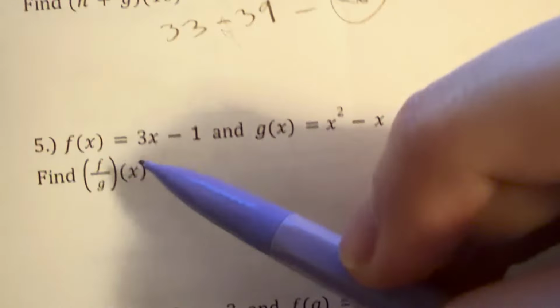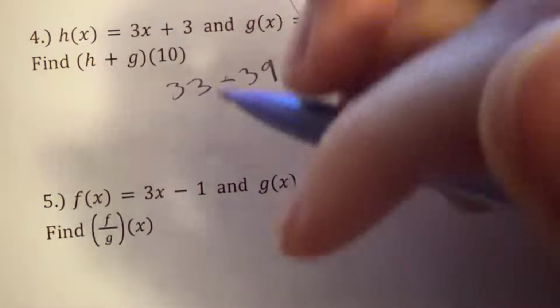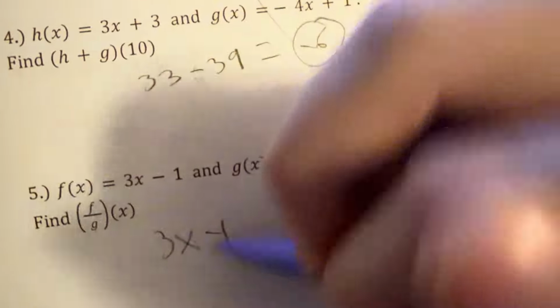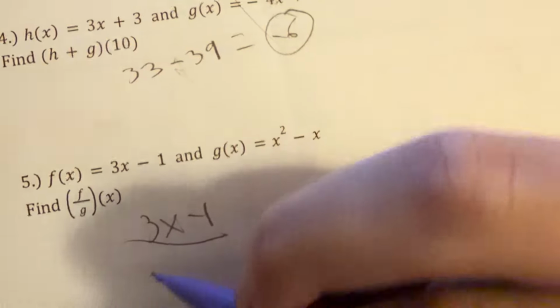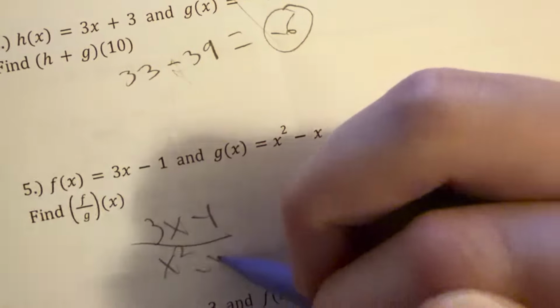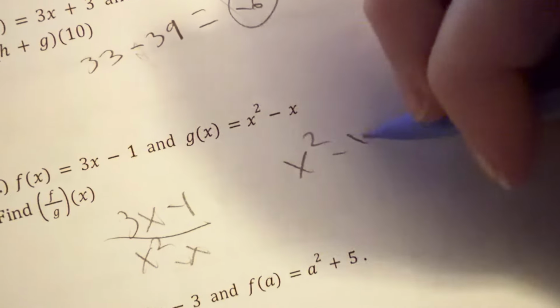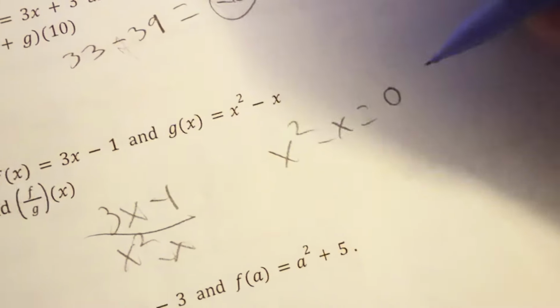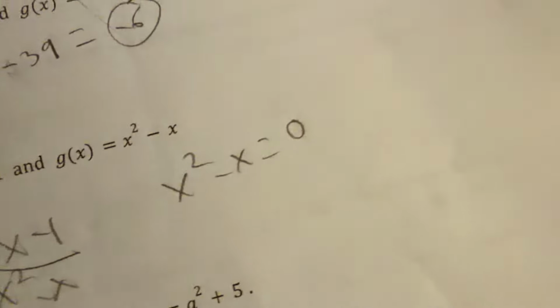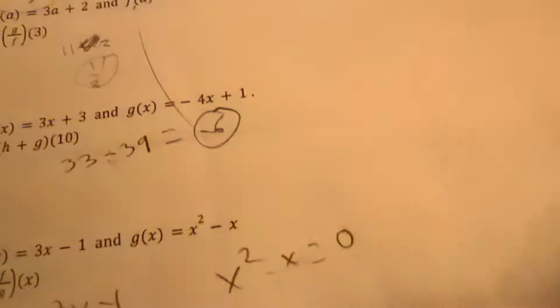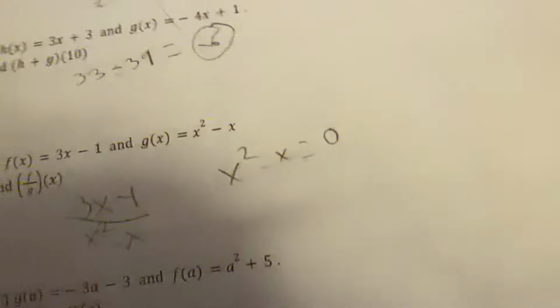Okay, and this one is x, so this will have an excluded value, I think. So this would be 3x minus 1 over x squared minus x. So we're going to make this equal to 0. I unfortunately had to Google this one. I genuinely could not figure it out.